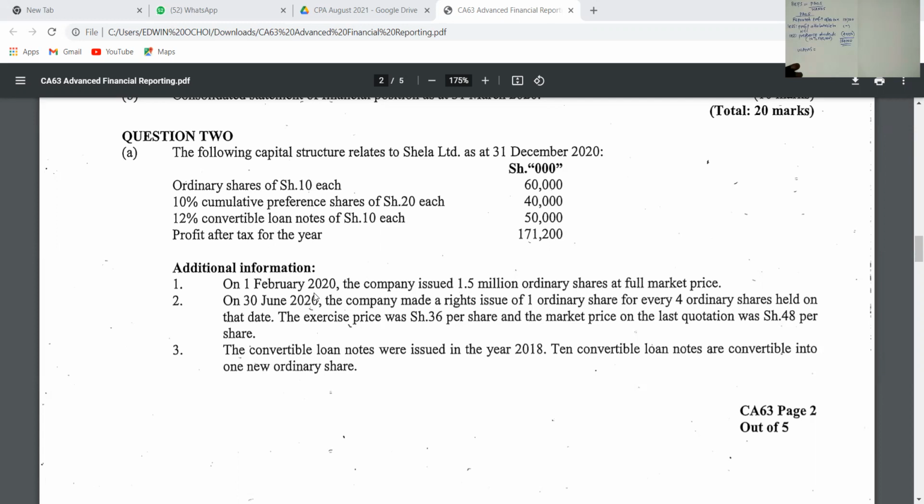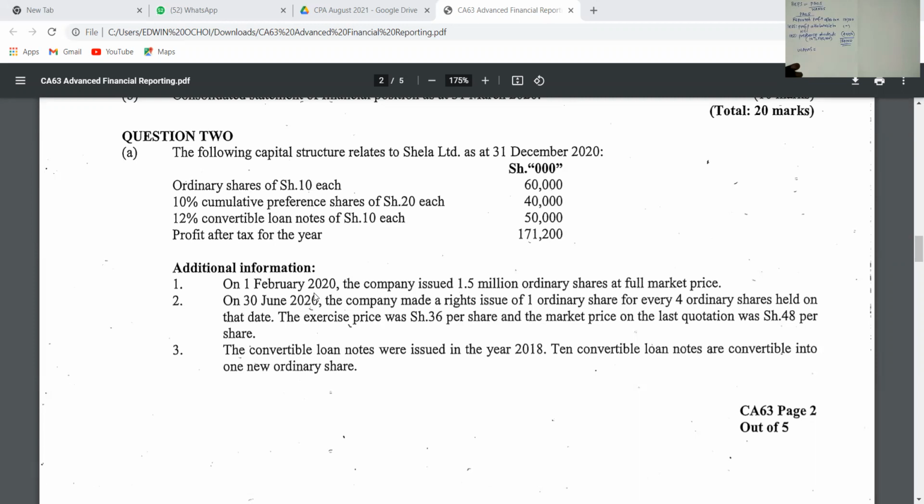But now, with more emphasis on this question for the August sitting, they provided a right issue in additional information number 2. The examiner said that on 30th June 2020, the company made a right issue of 1 ordinary share for every 4 ordinary shares held on that date. The exercise price was 36, and the market price on the last quotation was shillings 48 per share.